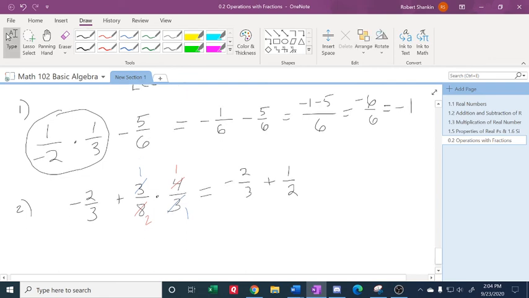Alright, so I get to this point. Now I have to keep going. Let me give you 30 seconds to get ahead of me on this, if you haven't already done this part.